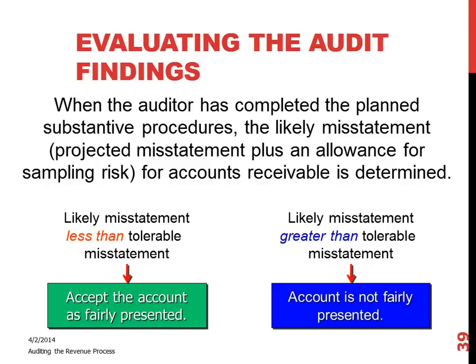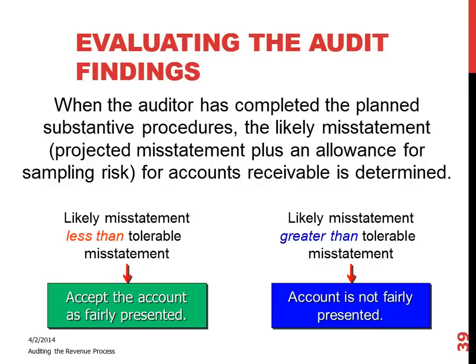So the auditor has to consider those errors in total and ask, what is my misstatement? If your misstatements are less than your tolerable materiality limit for that account, the level that the auditor set back in the planning stage, then you can conclude that the account is fairly stated. Why? Because the differences are not considered material.